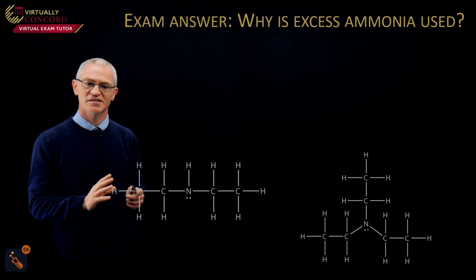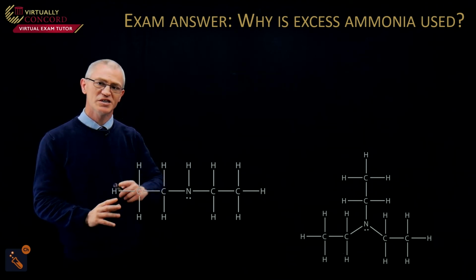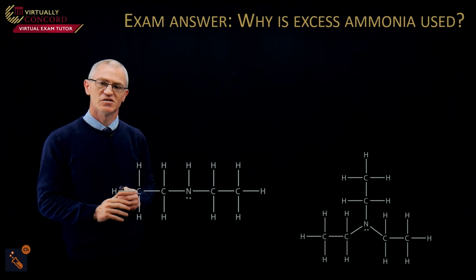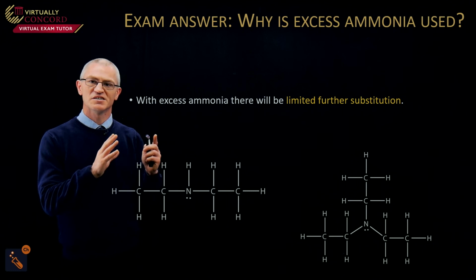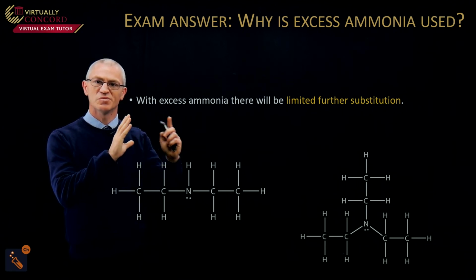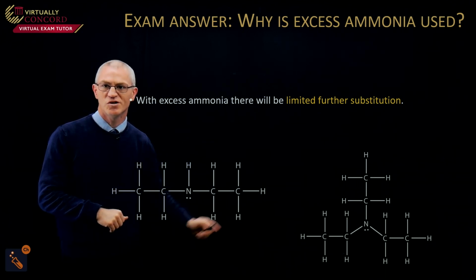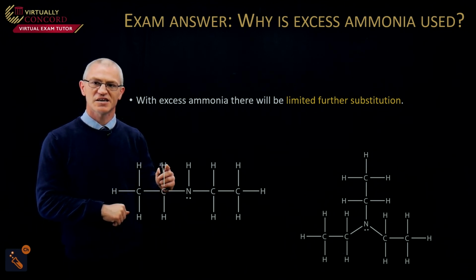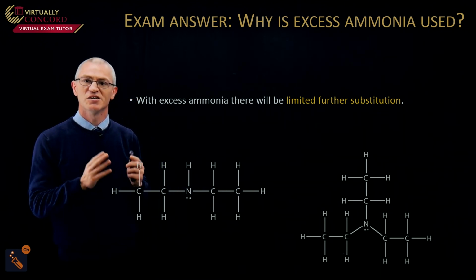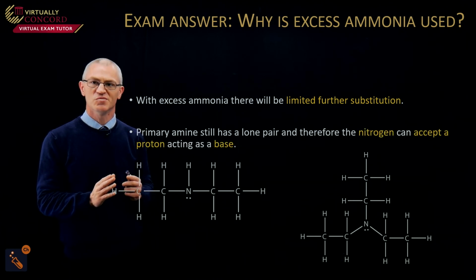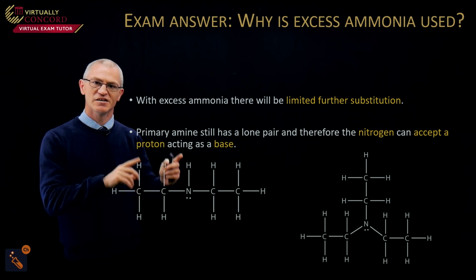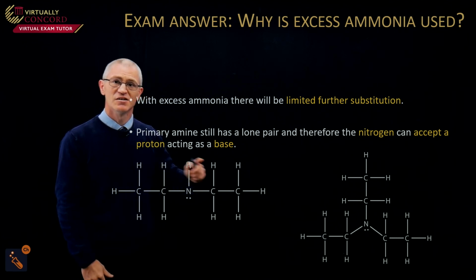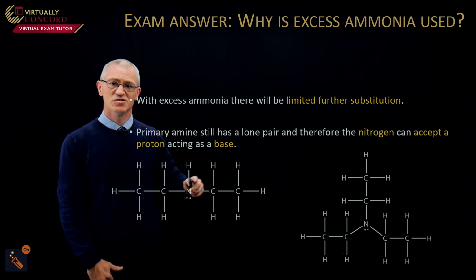So, why is excess ammonia used? We have a secondary amine, we have a tertiary amine here. Excess ammonia means that there will be limited further substitution. So, for example, I won't get this secondary amine, I won't get this tertiary amine, I would just get the primary amine. That's because the primary amine still has a lone pair, and therefore the nitrogen can still accept a proton, acting as a base, which means you'll get these further substitution products.